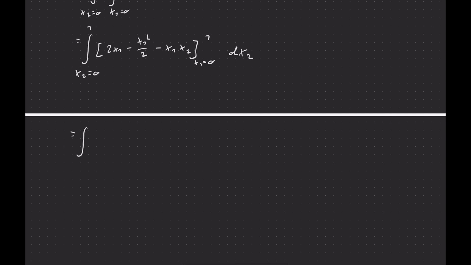So what we get here is, let's evaluate the inner expression. This is 2 minus 1 over 2, so that's 3 over 2, minus x2. Integrating that with respect to x2 yields 3 over 2 x2 minus x2 squared over 2, for x2 from 0 to 1.